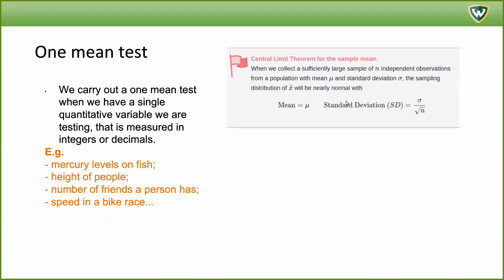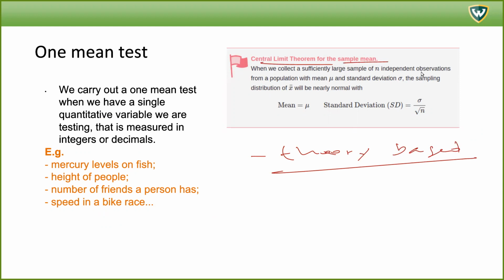Also, some other terminology here. When we do the one mean test, we're going to use the theory-based approach. There are other approaches, but we're going with the theory-based approach. We're assuming a normal or normal-like distribution, and we're assuming the central limit theorem.